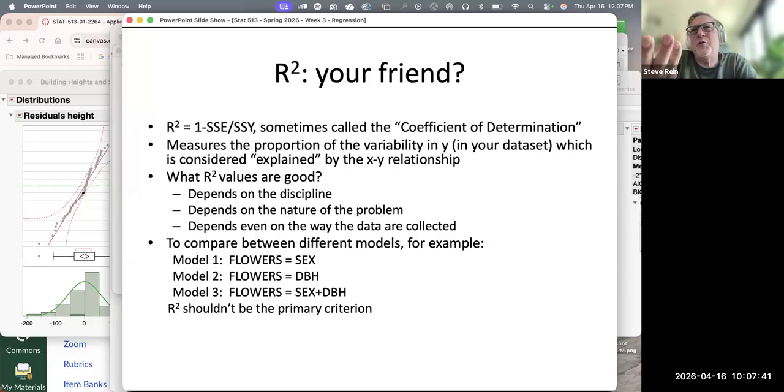An R squared of 0.995, I think for most disciplines, would be considered unusually good. I've seen an R squared of 0.12 before, and the guy that got the 0.12 was in sociology, and they were ecstatic that they were able to explain even 12% of the variability of Y based on their X variable. So it varies widely from field to field, and even within portions of a field.